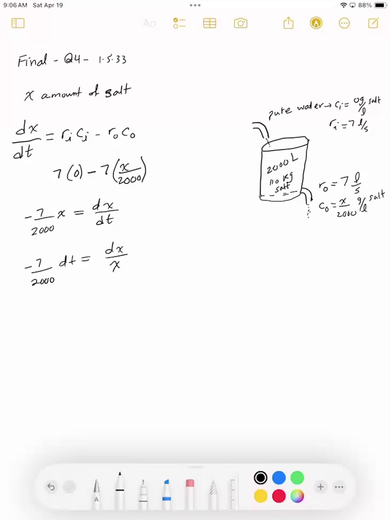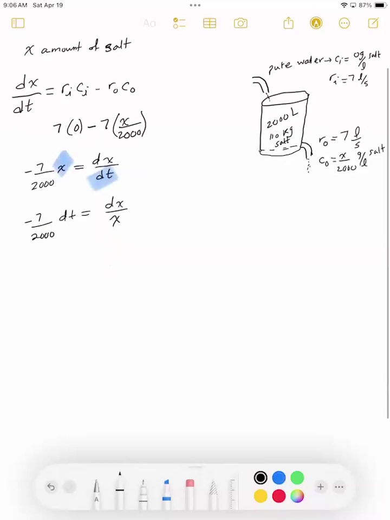In other words, I'm trying to separate the terms. So I swapped these two. And you can do that when you have a rational equation: we can move the dt to the top and x to the bottom. This way, I can find the integral of both sides.